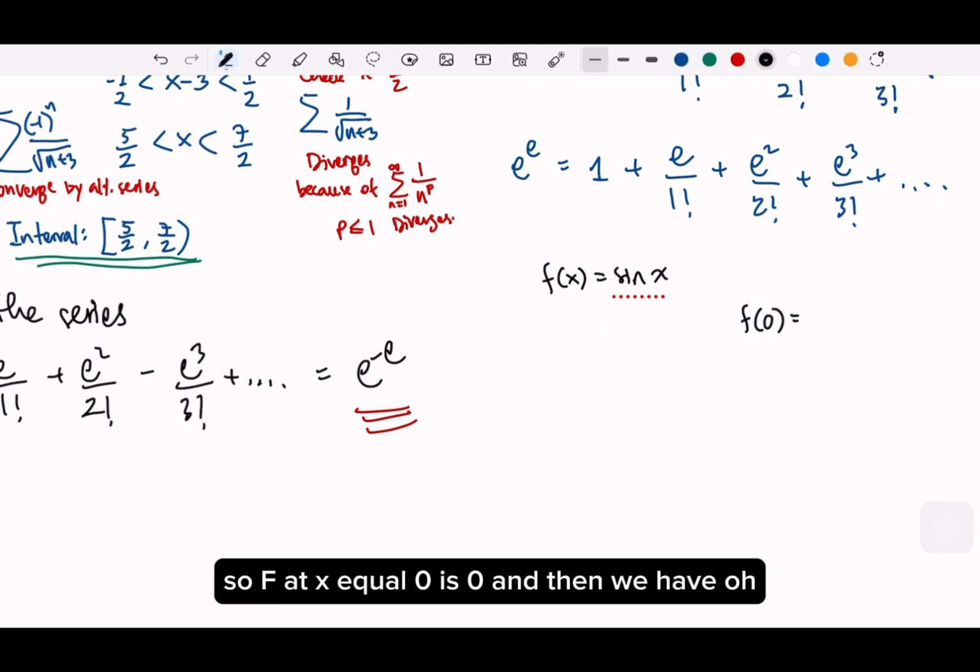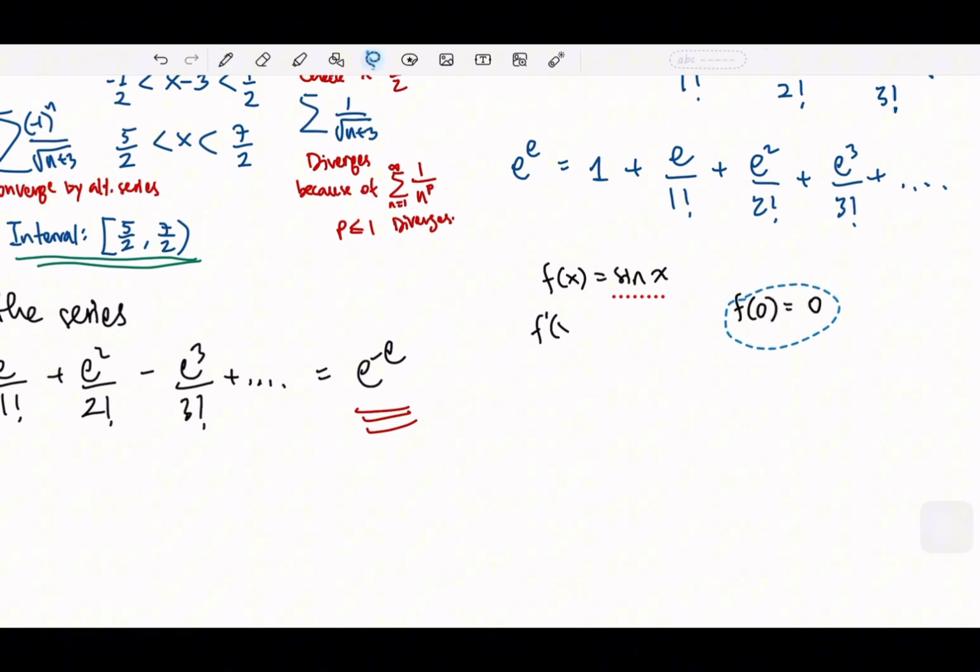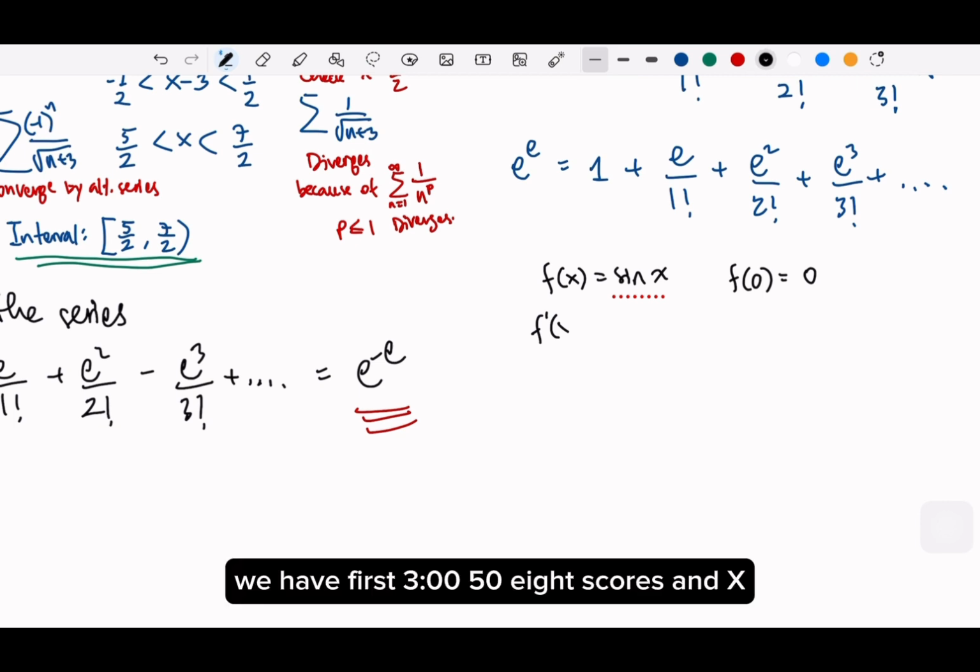So f at x equals 0 is 0, and then we have the first derivative, which is cosine x.